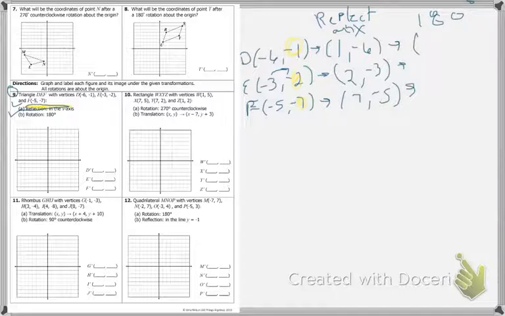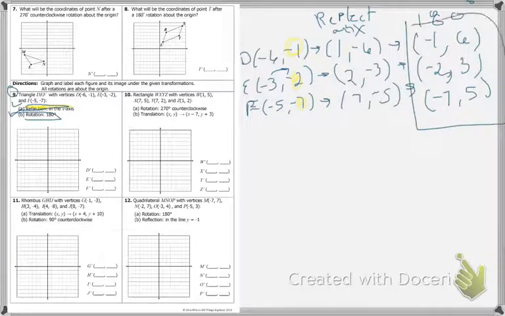So +1 for the x becomes -1, -6 becomes +6. For this one, you get a -2, and the opposite of -3, you get +3. And then the last one is -7, +5. This is the last thing we got to do. This is your final answer. This is what would go right there.